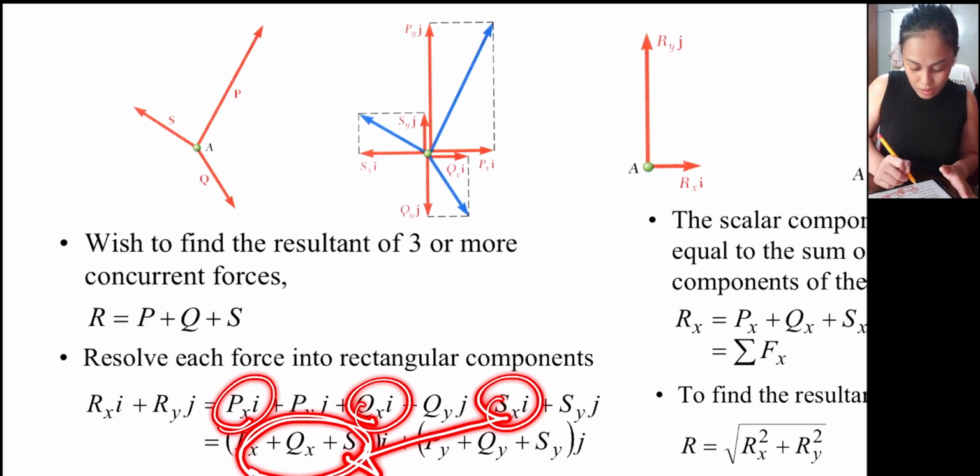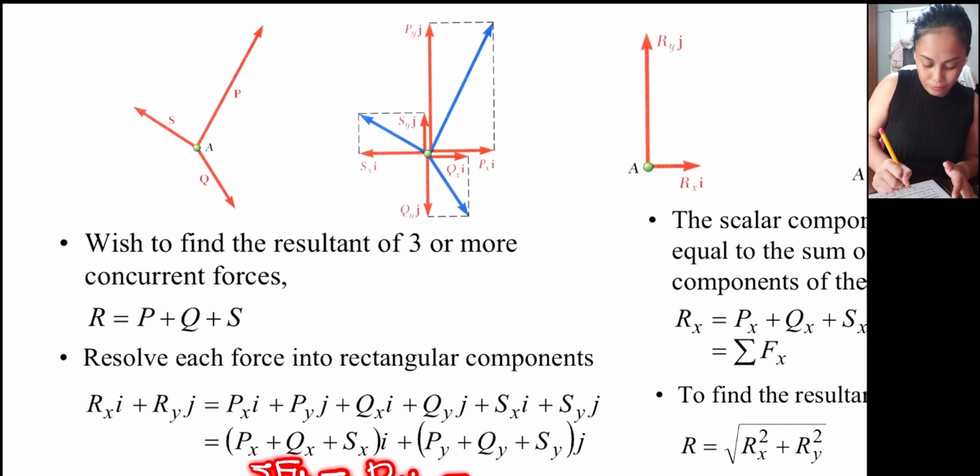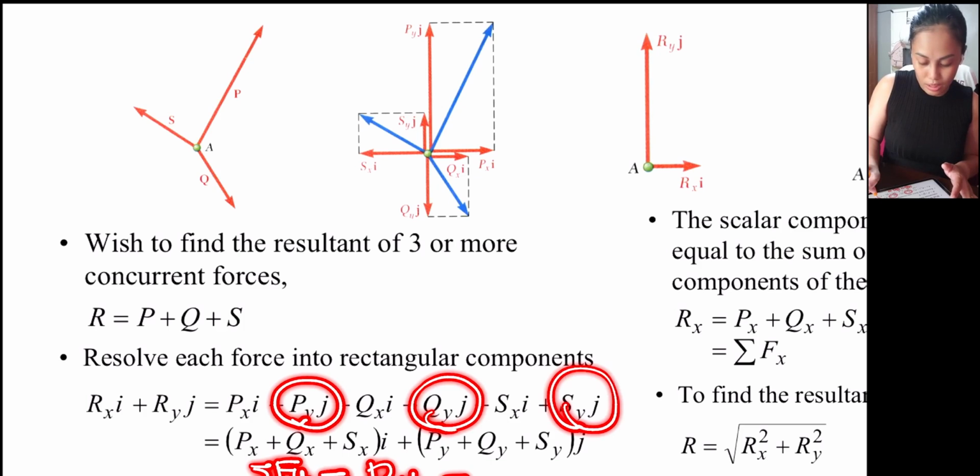Sum them all up: the summation of forces along X. So all forces along X equal Rx, equal to that value. Now the summation of forces along Y is equal to Ry, which is equal to Py plus Qy plus Sy.